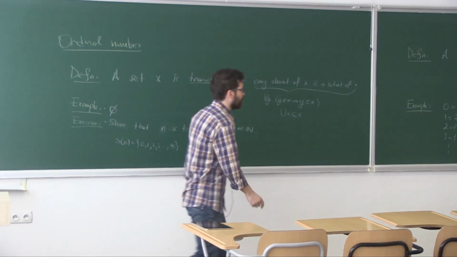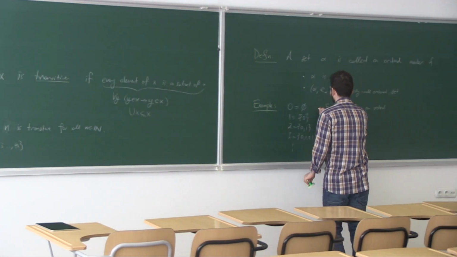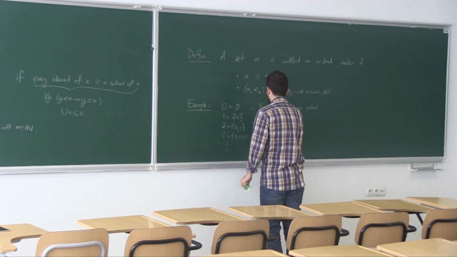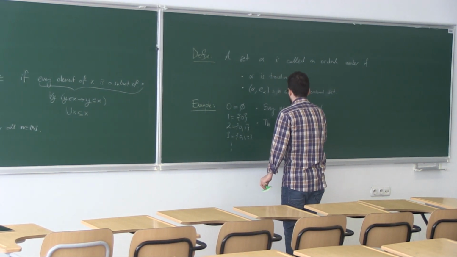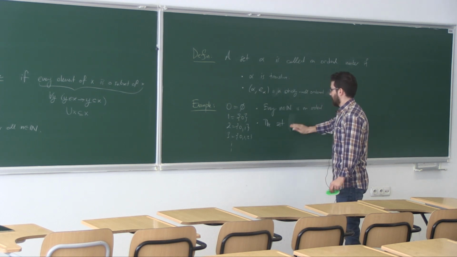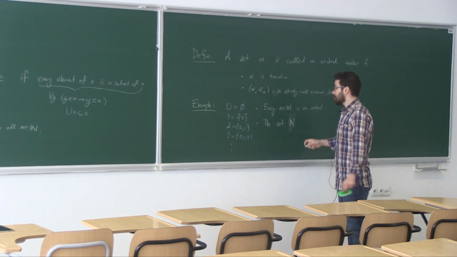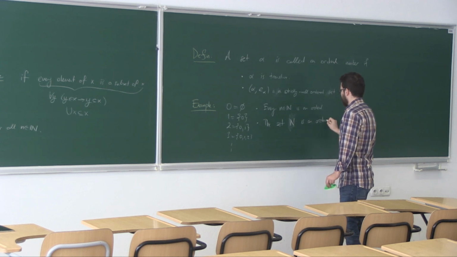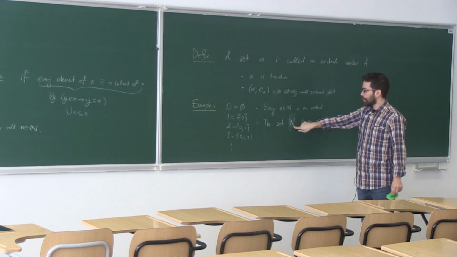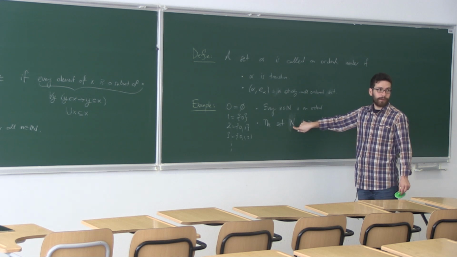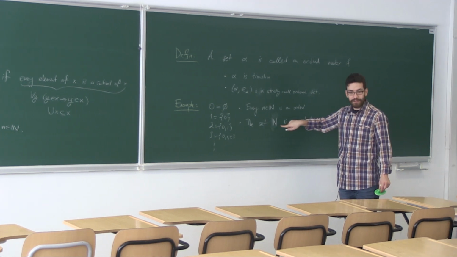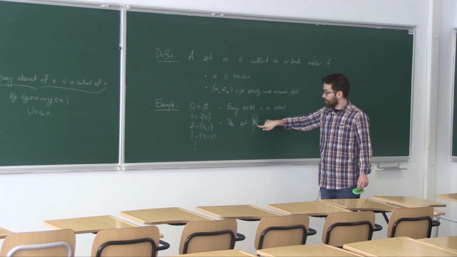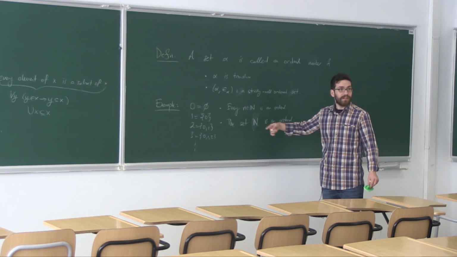Oh, maybe one more example. The set of natural numbers itself is an ordinal, because we already know that this is well-ordered by the membership relation, since we defined the strict linear ordering on this to be the membership relation.